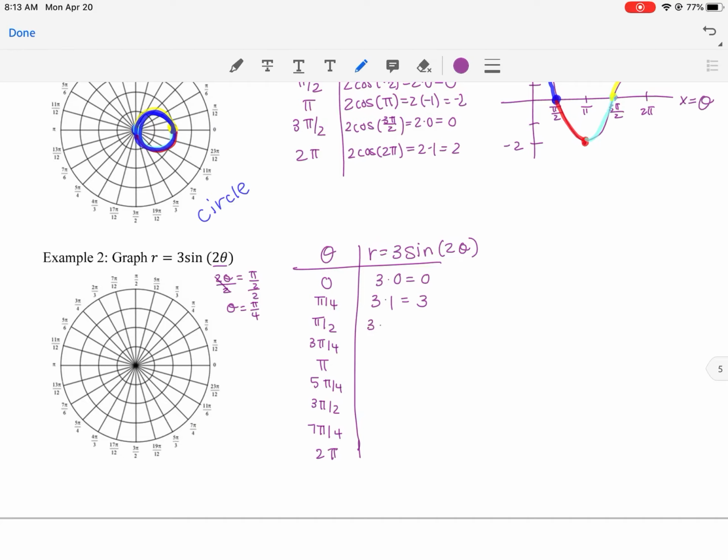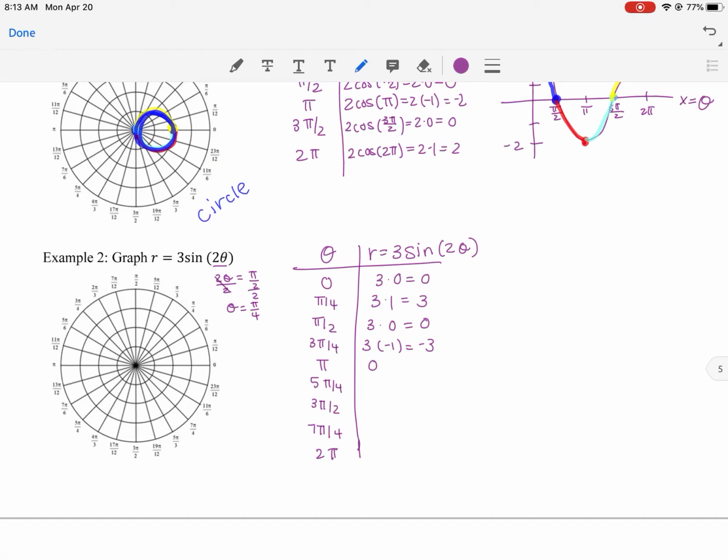I'm going to just continue on here. We're going to have 3 times sine of 2 times pi halves, which is just pi, and sine of pi is 0. So we have 0 again. Then 2 times 3 pi fourths is 3 pi halves. That's going to give you a negative 1, so we get negative 3.